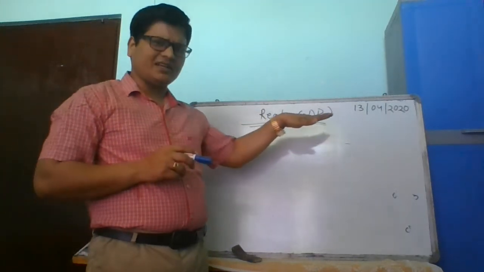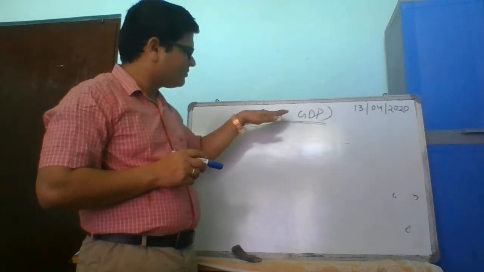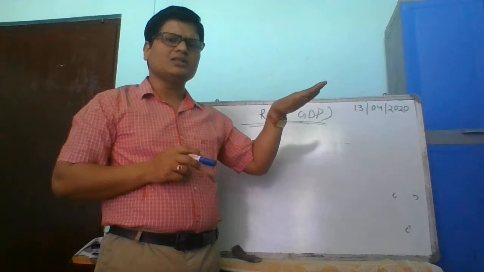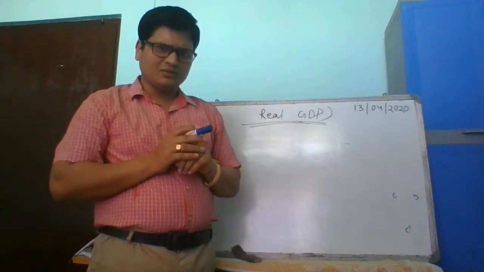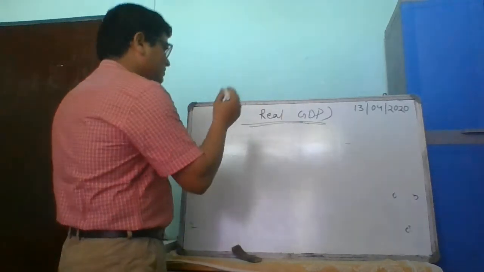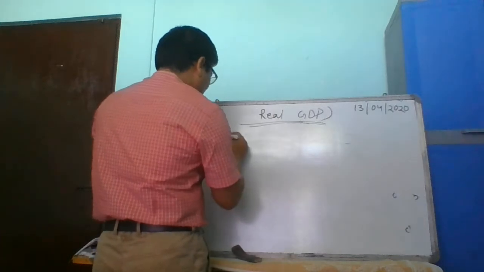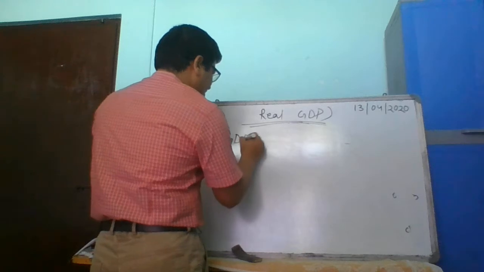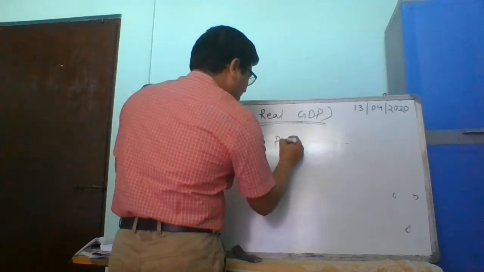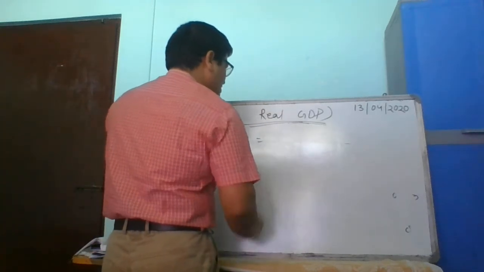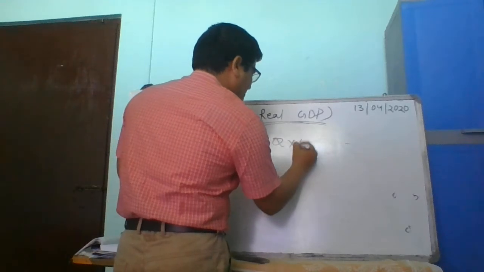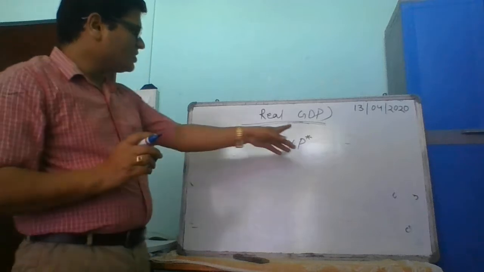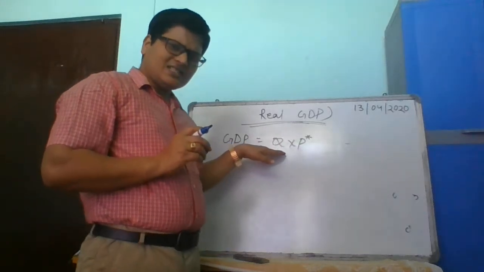A base year is taken for the calculation of real GDP. Now 2011-12 is the base year. Here real GDP is Q multiplied by P, and here P is constant because quantity is changeable.